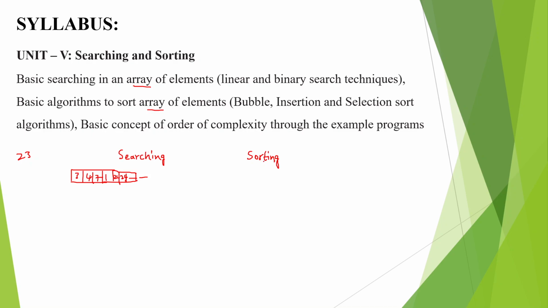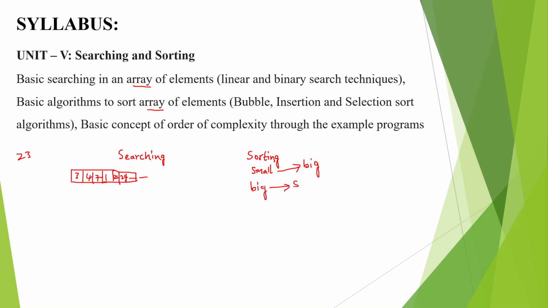They will simply arrange the elements either in ascending order or descending order. We know, ascending means small to big, smallest to biggest, and descending means big to small.